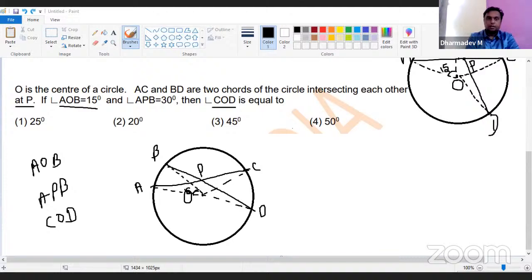Are you getting it? Yes or no? If this is 15 degrees, let me take it as a triangle. It's given on the angle over here. In any triangle, all three angles would add up to what?